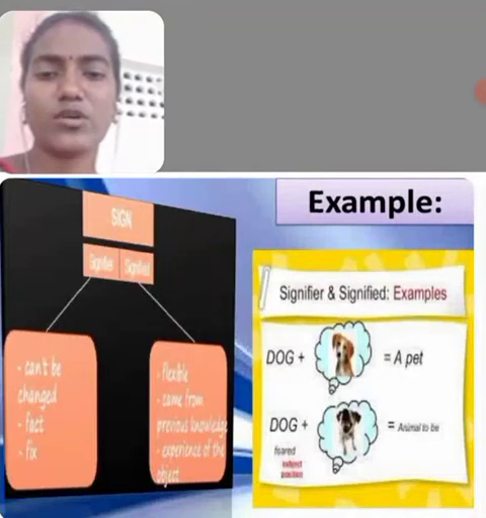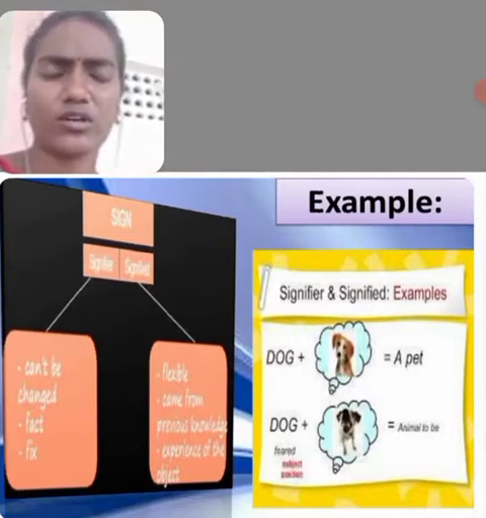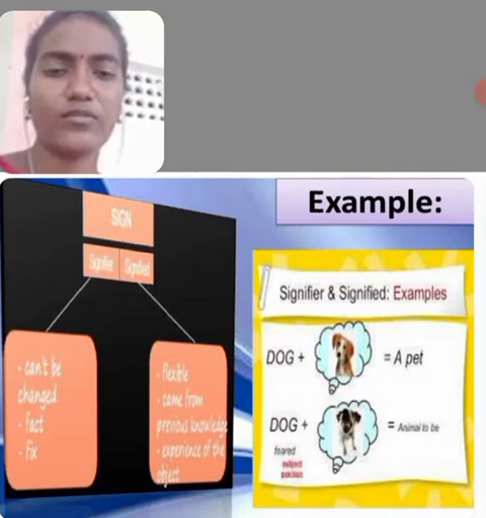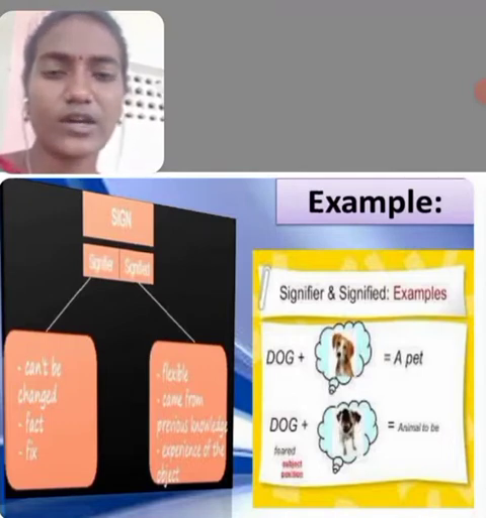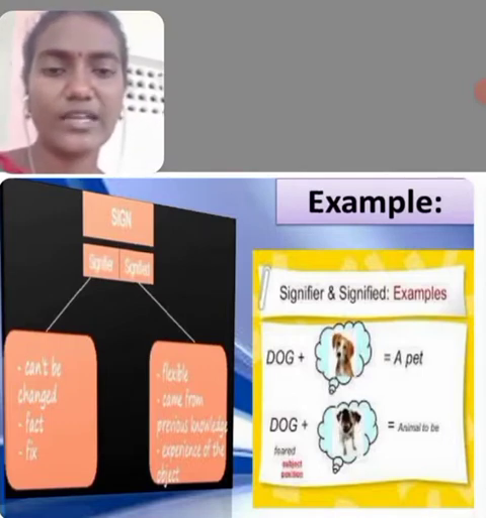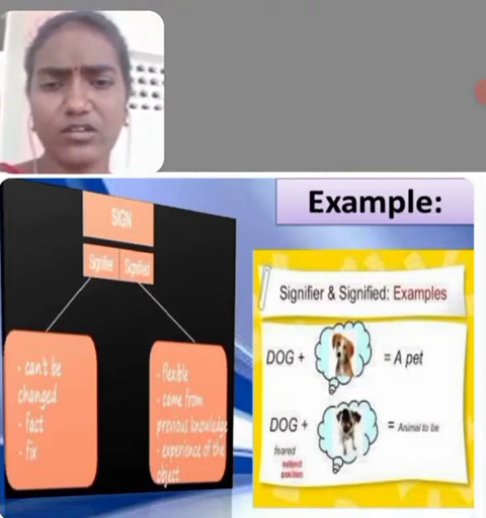Some examples are given here. Dog is a pet animal. We have so many, like cat, dog, parrot, or some other thing. But particularly for a dog, we refer to the word DOG. It is a signifier to signify the animal which has four legs.